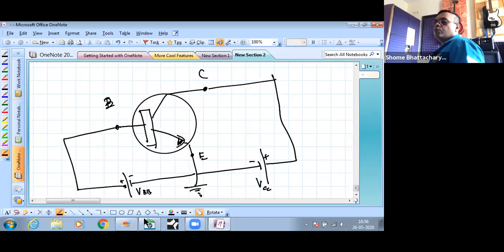Now, because of this biasing, what the circuit is achieving is that this current coming in here and this current coming in here, they are combining to give you a current IE here. But more importantly, IC is equal to beta times IB, where beta is a large factor between 50 and 200.